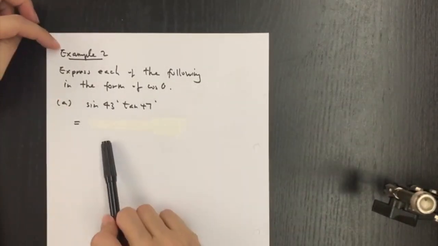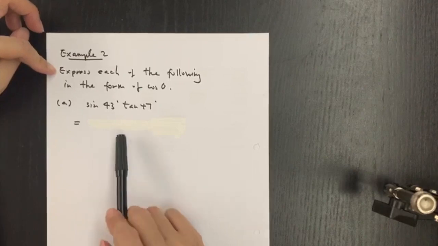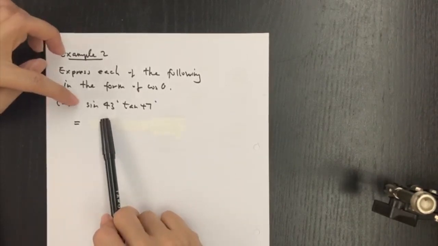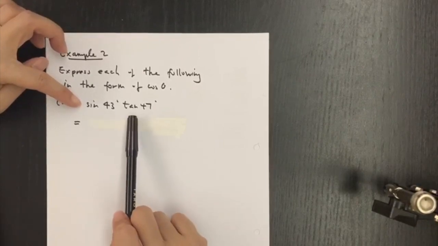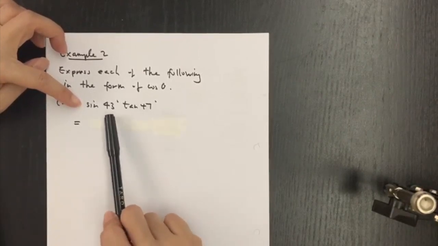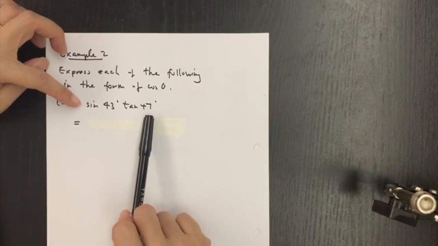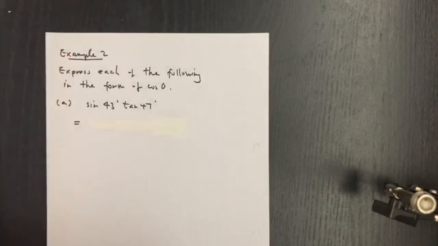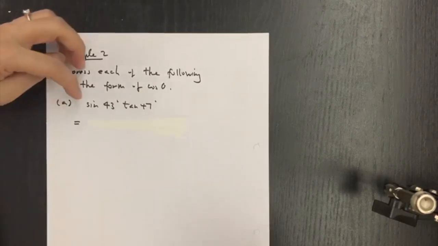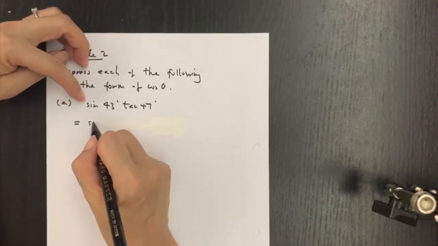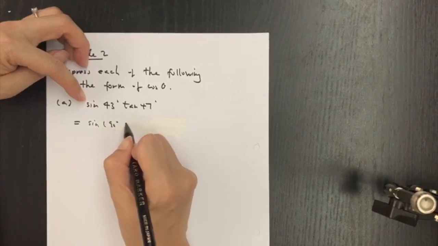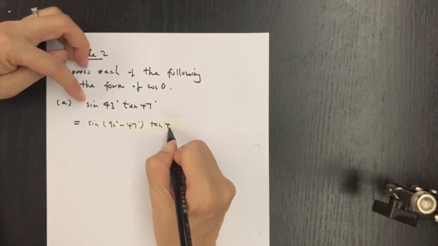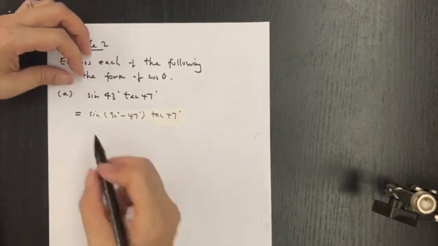Okay, so next we have example 2, and now we need to express each of the following in the form of cosine theta. We are given sine 43 times tangent 47, and 43 plus 47 is equal to 90, so these two are also complementary angles. So here sine 43 is the same as sine 90 minus 47, and then I have tangent 47, right?